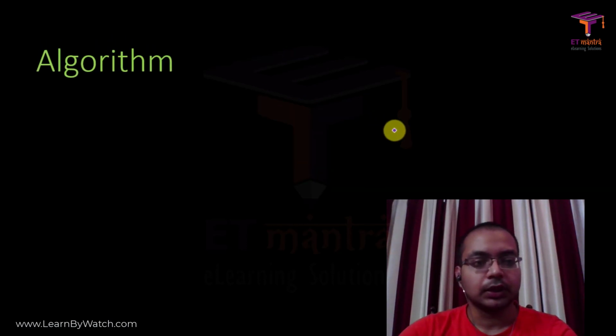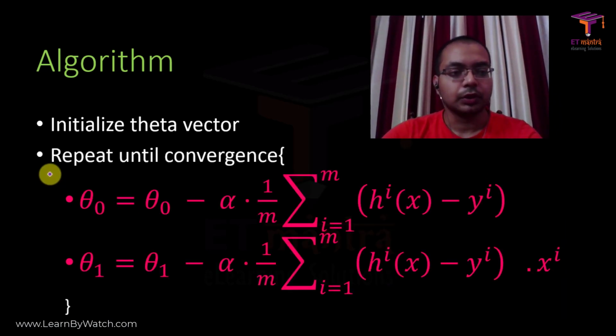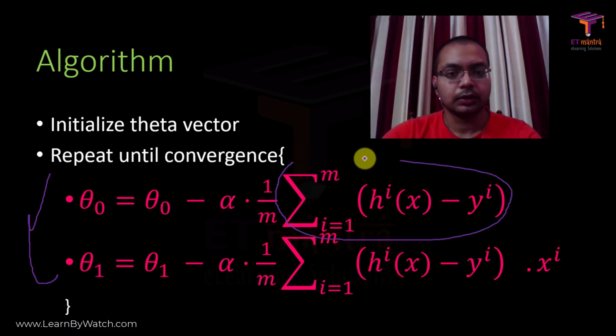And when we finally plug into the formula, let us look at the algorithm. So we initialize the vector theta randomly, and then we perform these two steps until we reach a considerably low value of J theta. Here I have plugged in the value of the partial derivatives from the formula.